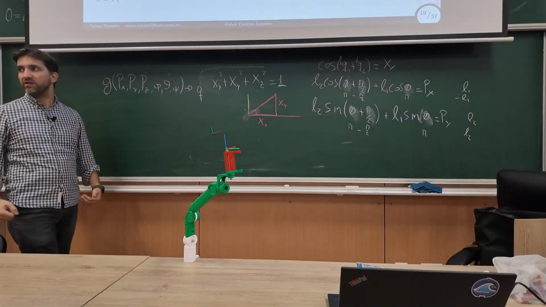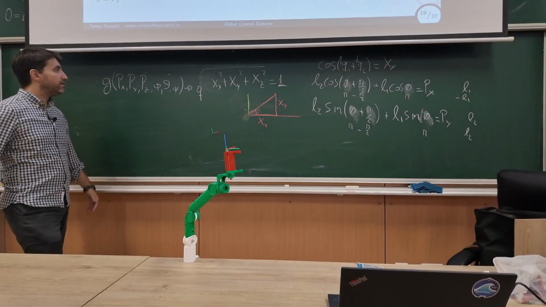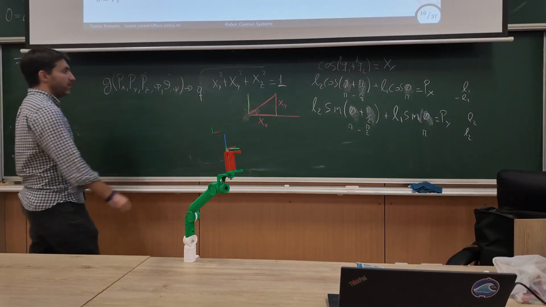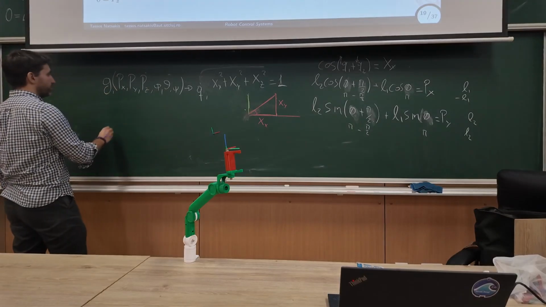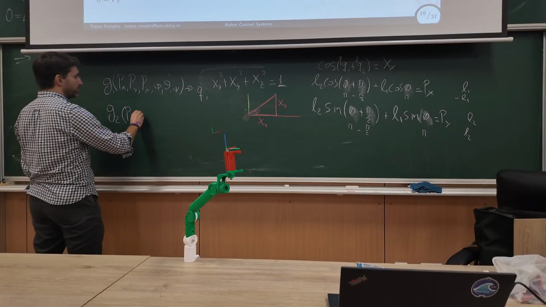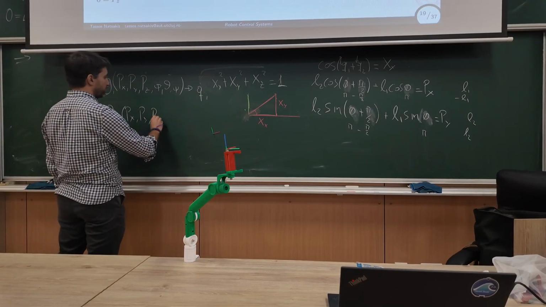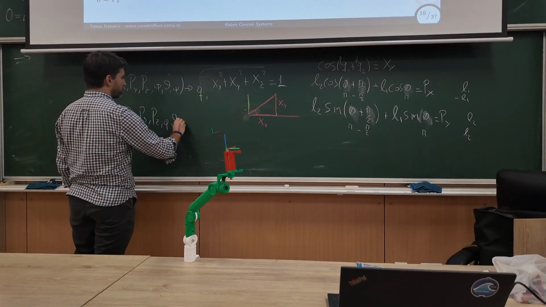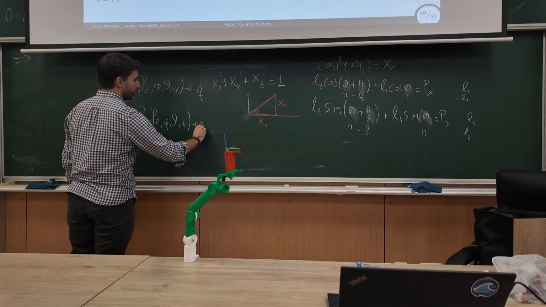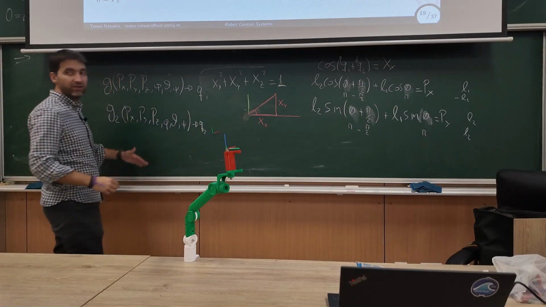That's what I mean when I say solve the inverse kinematics. It means I want these functions, and in the end I will want one function for each joint, or however many joints I have.